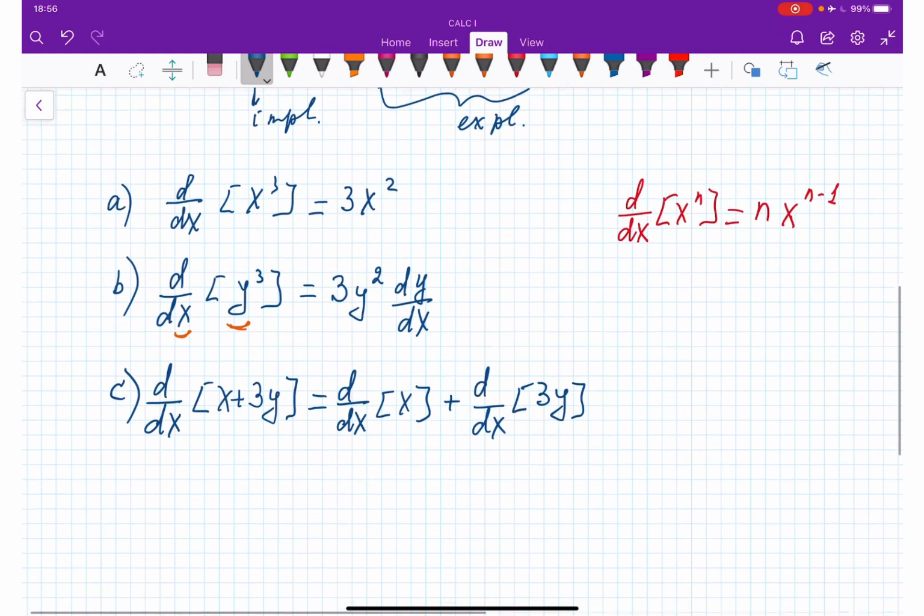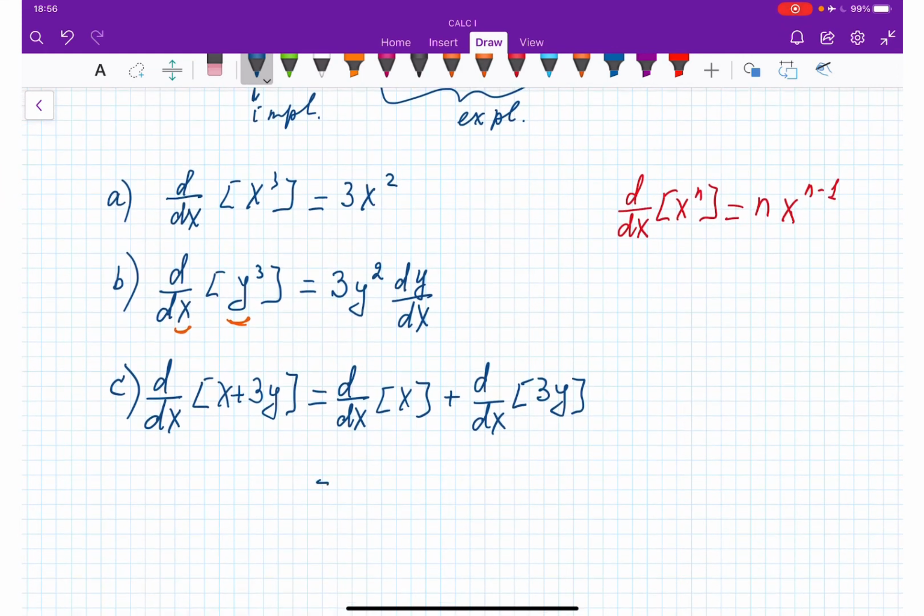So what does that mean? It's going to be the derivative of x with respect to x, which is 1, right? And here we have, yet again, x and y. So it's going to be the derivative of 3y, similar to the chain rule, plus 3 times dy by dx, because we don't know what y is, and it has nothing to do with x. So we need to take the derivative. Okay.